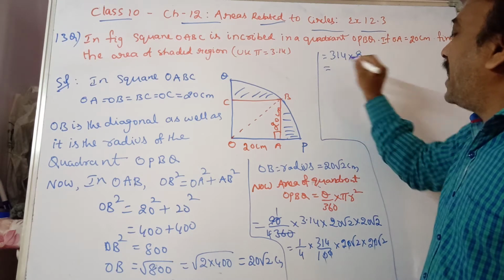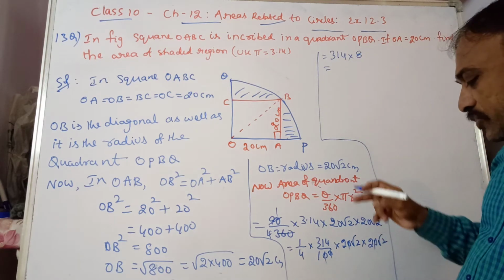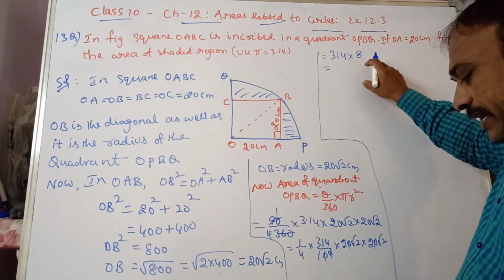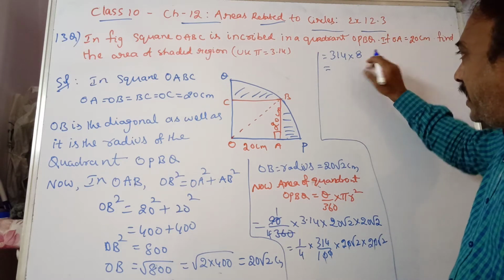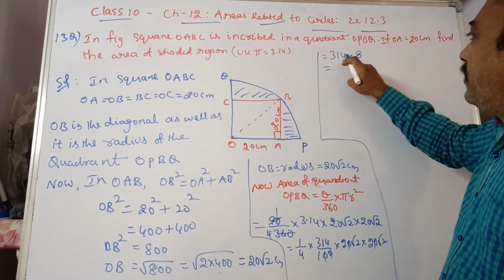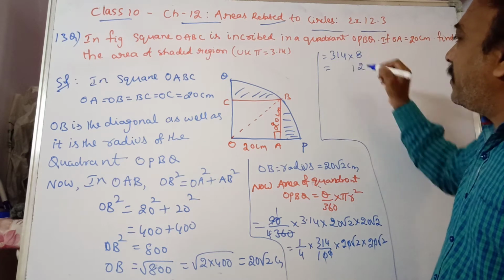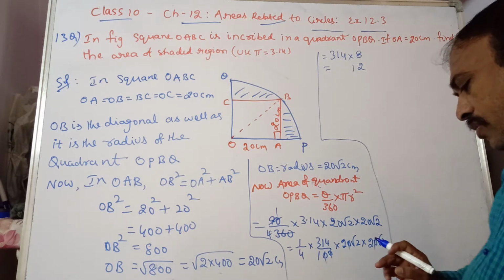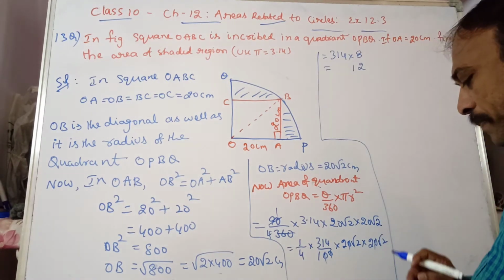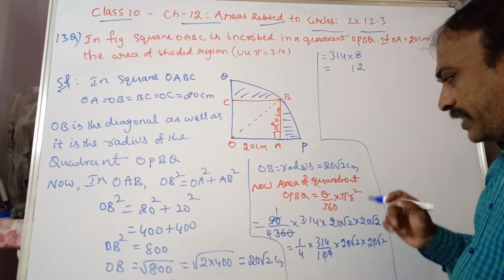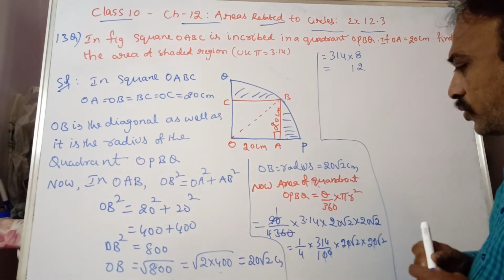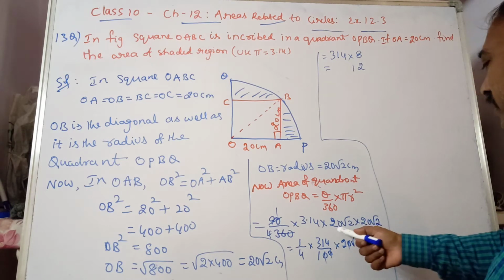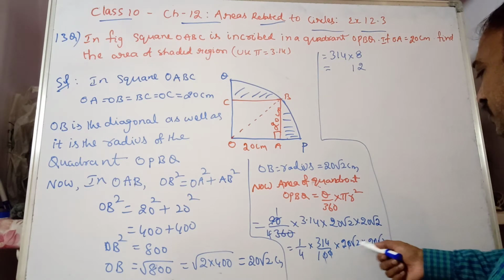So you can write the area as 314 into 8: 8 4s are 32, 8 1s are 8 plus 3, 11, 8 3s are 24 plus 1. Observe it carefully. What is 20 root 2 we got? That is the radius. So pi r square, 20 into 20, the 0s cancel.